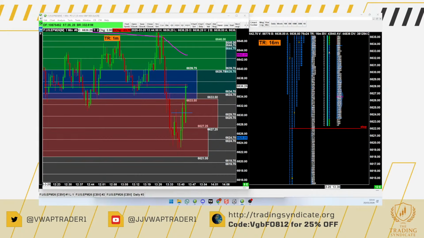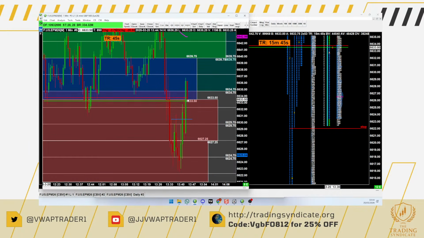And 37, and just make a couple of points without causing too much of a stir. Right? So let's see if it holds 66.33. Would even be better if it comes underneath 33 and comes back up.